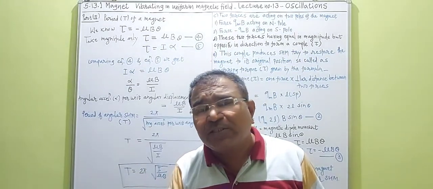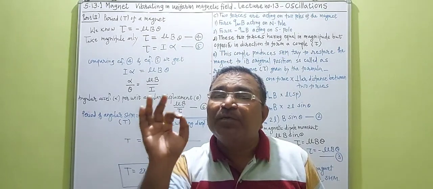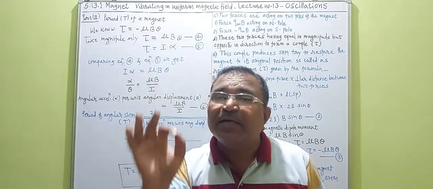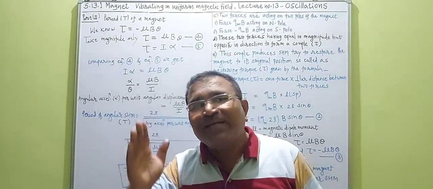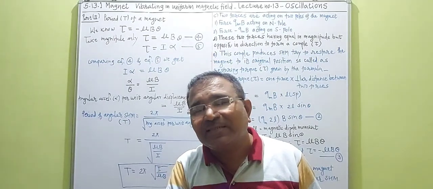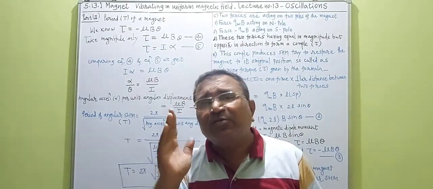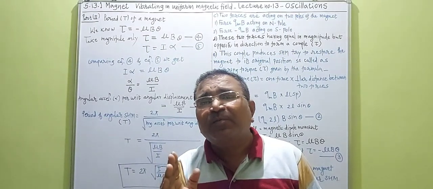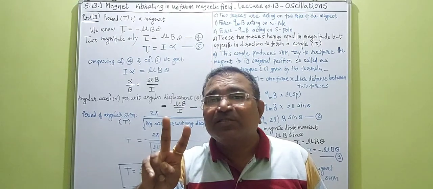So another question is asked like this: derive the formula of the period of a vibrating magnet when placed in uniform magnetic field. And the first question that I have already discussed: show that the motion of the magnet in uniform magnetic field performs angular SHM. These are the two questions.